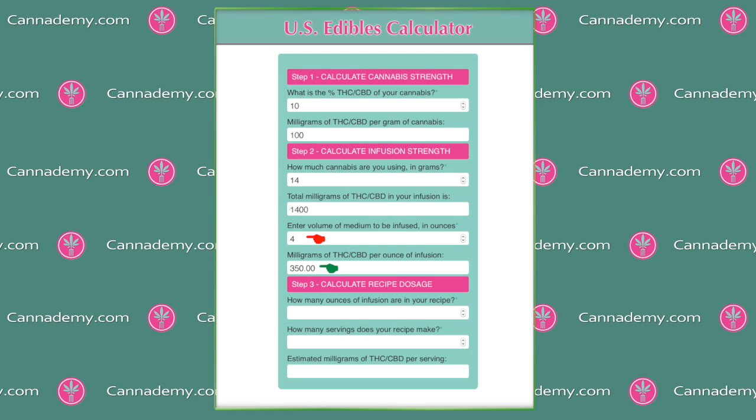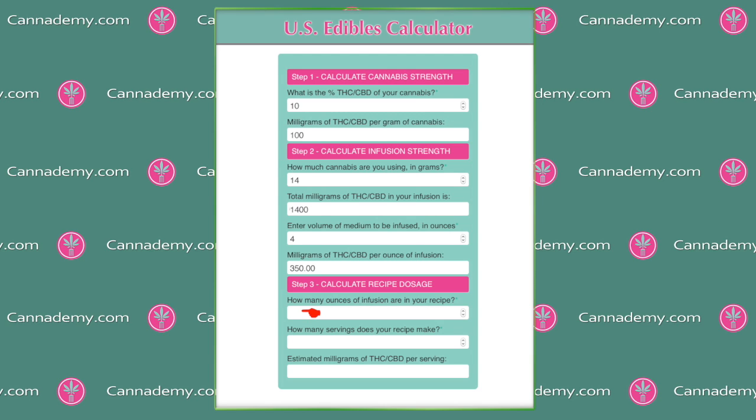This will give you 350 milligrams of THC or CBD in each ounce of the oil. Note that the metric calculator uses milliliters instead of ounces, so the calculations are slightly different, yet the end result is the same.